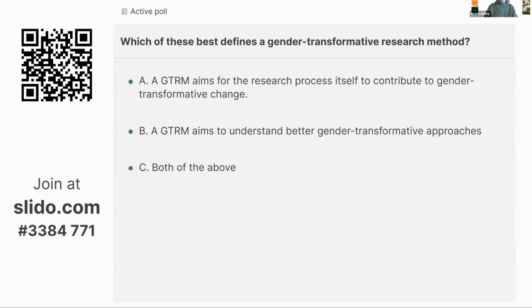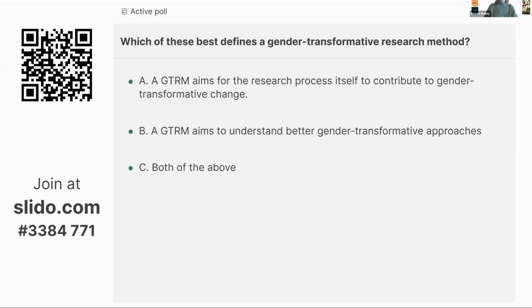Is it A, a gender transformative research method aims for the research process itself to contribute to gender transformative change? B, it's a research method which aims to understand better gender transformative approaches? Or C, both of the above?